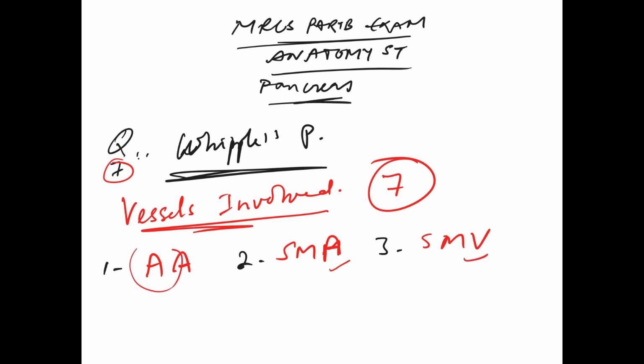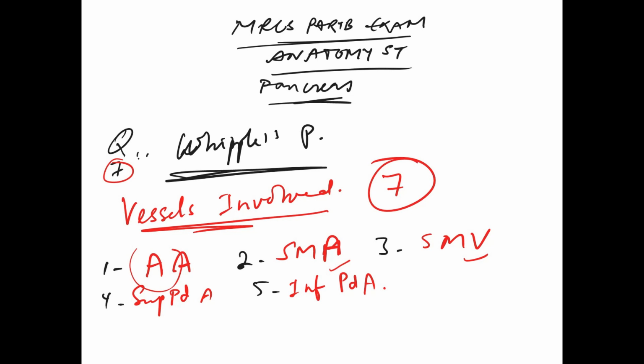We are going to mention the arteries that supply the pancreas itself, and here there are 3, but 2 of them are involved here. Number 4 and 5, as you remember, are the superior pancreaticoduodenal artery and the inferior pancreaticoduodenal artery. Are you with me?